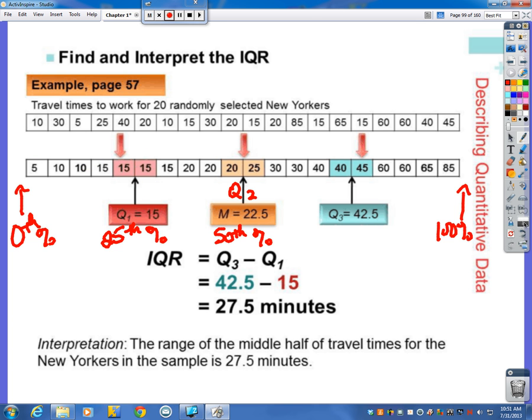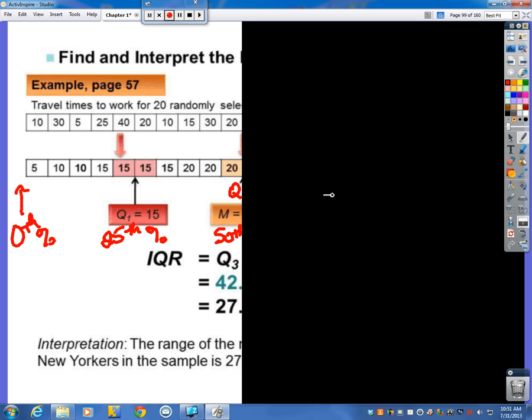Now, here's what I like to think of. Here is the first half of our data up to our median. Q1, the first quartile, is really the median of the first half of the data. Here's 50% of our data, and Q1 is the median of the first half.